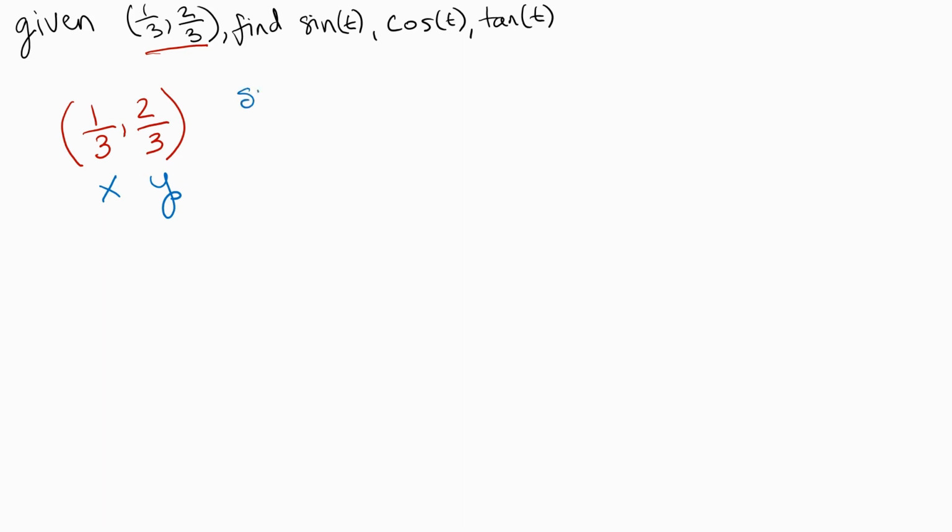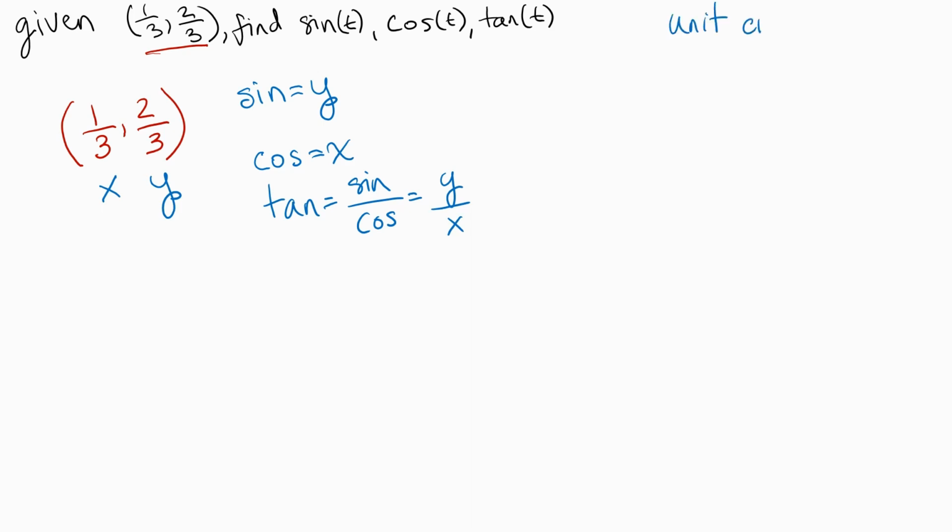So sine is going to be our y value, cosine is going to be our x value, and tangent, if you recall, is sine over cosine. So that means it's going to be y over x. And this really only applies if we are using the unit circle.